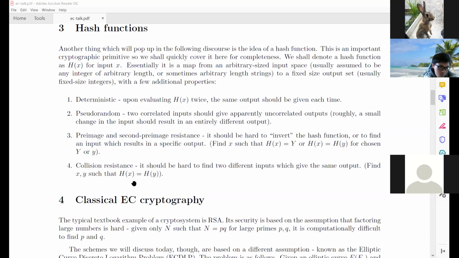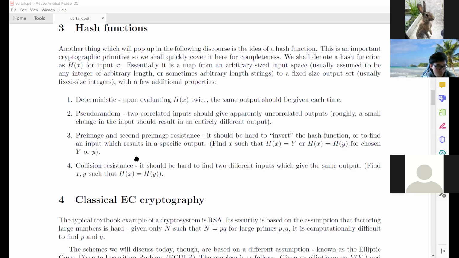And then finally, collision resistance is just finding two different inputs, x and y, obviously not equal, such that their hash is equal. So those four things here are important properties for a cryptographic hash function. Sometimes you'll see just hash functions used in various places, and a hash function by itself doesn't necessarily have to have some of these conditions like pre-image resistance or collision resistance.